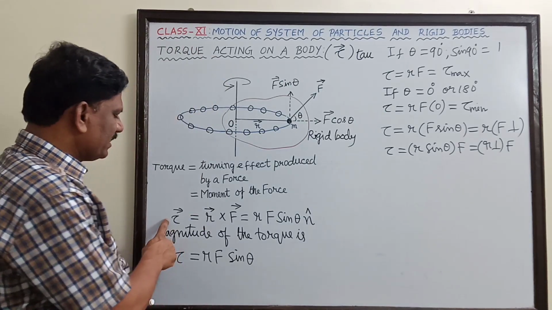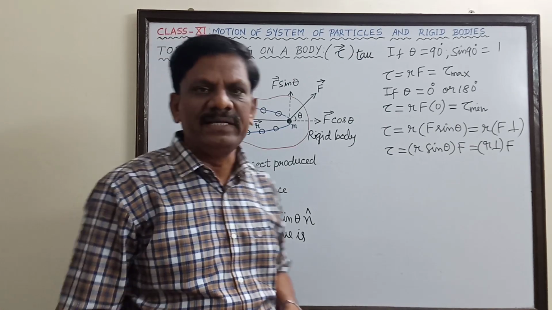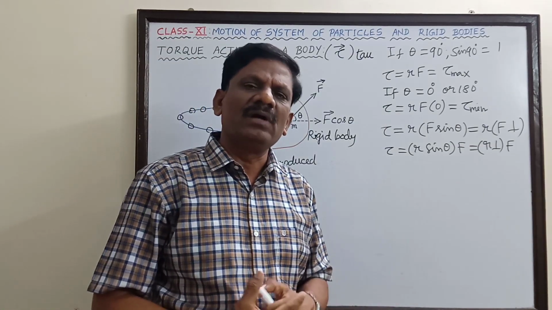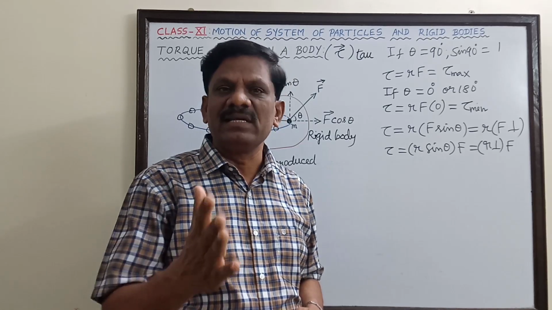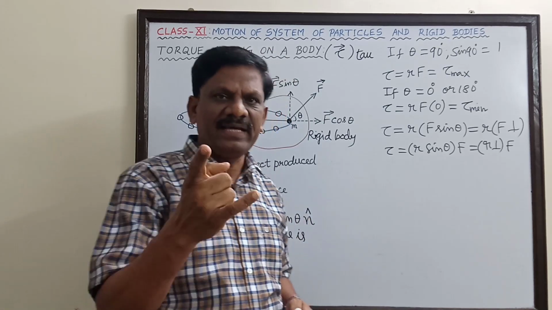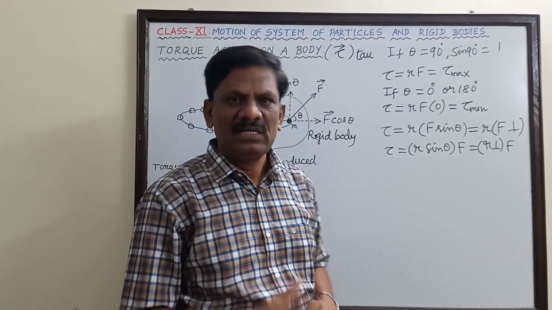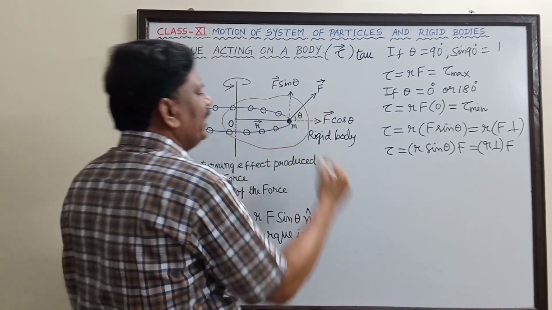So it is given as the cross product of R and F. Already we have studied that the cross product is also called the vector product, and the resultant vector, which is the cross product of two vectors, acts in a direction perpendicular to the plane containing the two given vectors. Is it not?